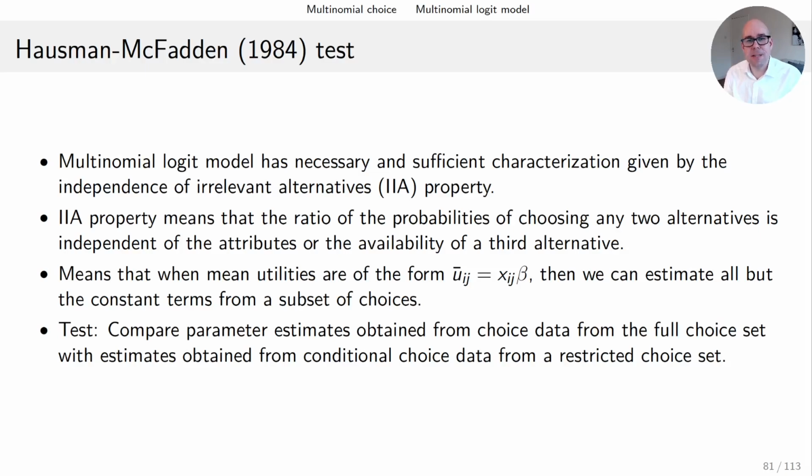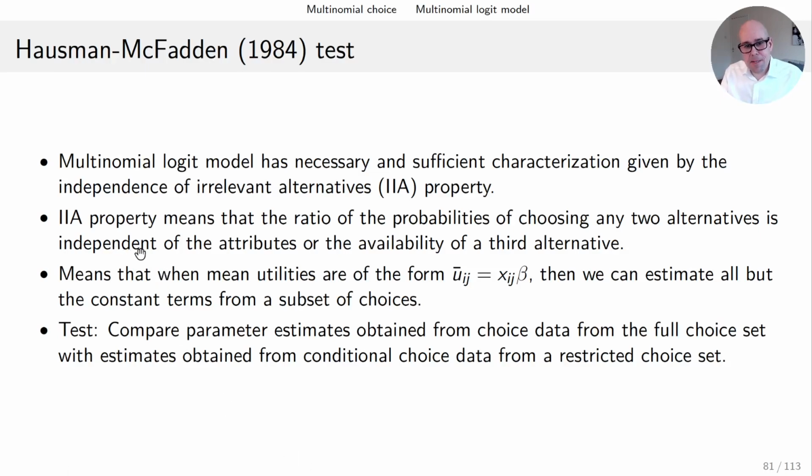So if we can convince ourselves that this property is not so bad for the particular application that we're using the model for, then it's very good, we get a lot of mileage out of it, right? So there's a great advantage to being convinced that this is a good property in the context of a particular application. Good.